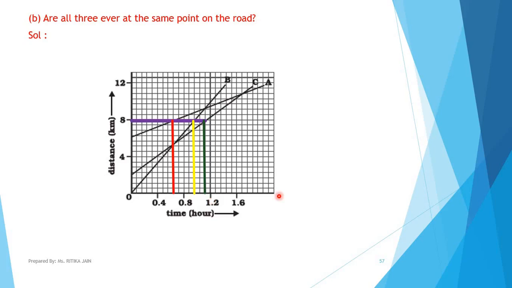So clearly this gives you the information that no, all three objects are not at the same point on the road at any instant. Here I have taken 8 kilometer. You can take any value, whether 11, 3, 2, 5, whatever, but you will get the same answer.